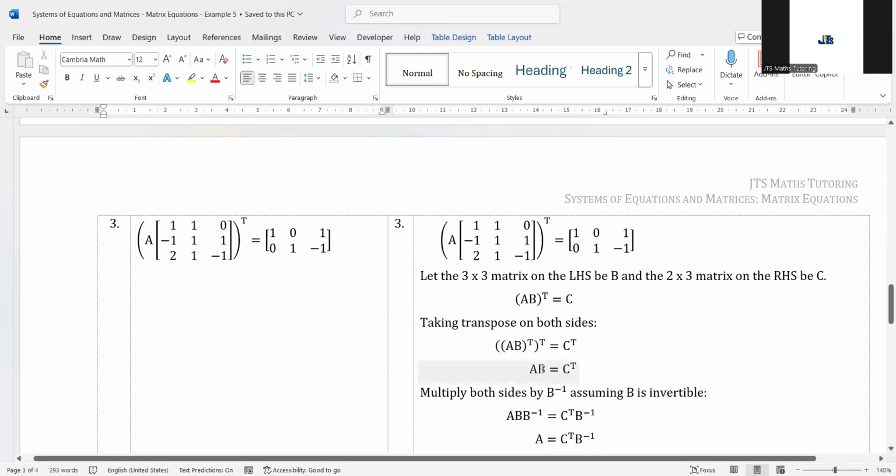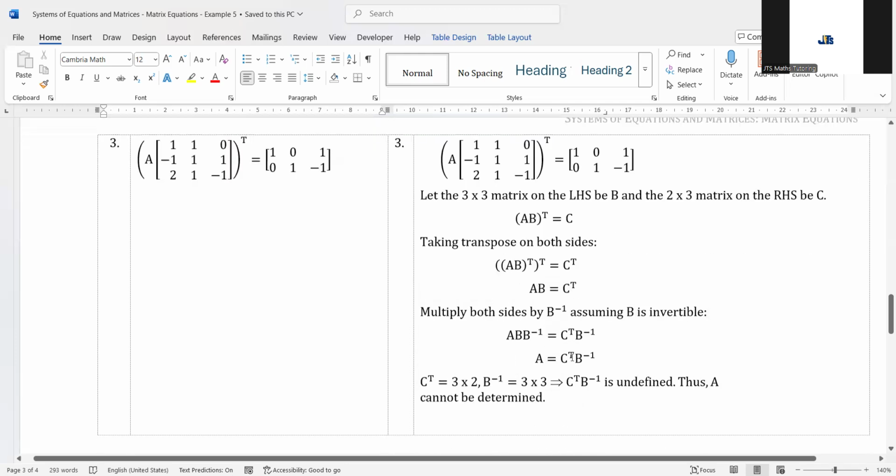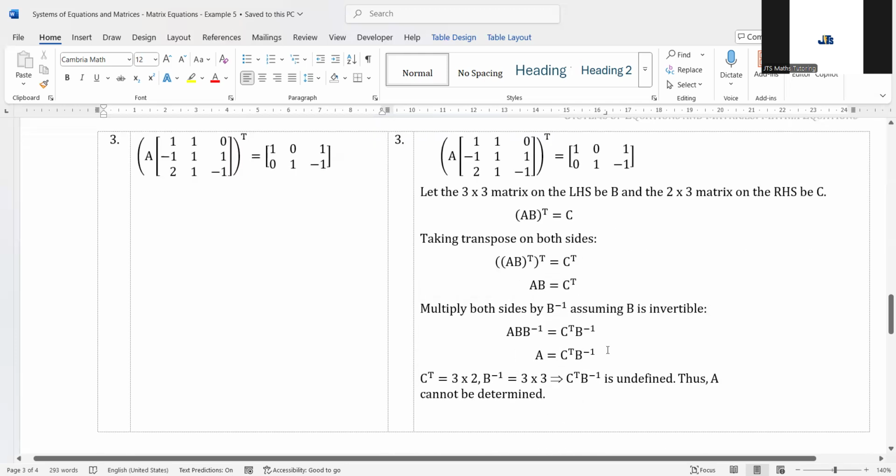You multiply both sides by the inverse of B, assuming that B is invertible. And this is what we get right here. But I want you to see something here. The transpose of this matrix is going to be a 3 by 2, and the inverse of B is going to be a 3 by 3 matrix.